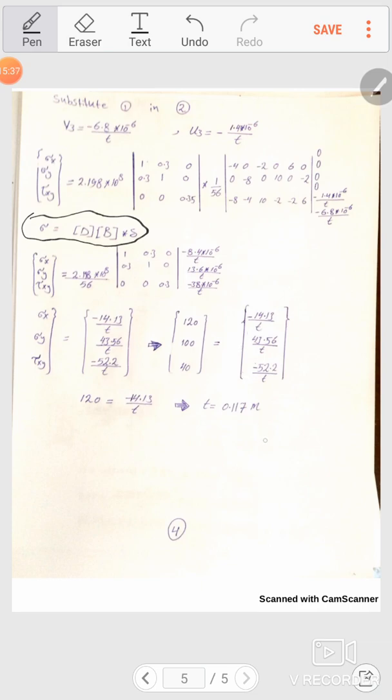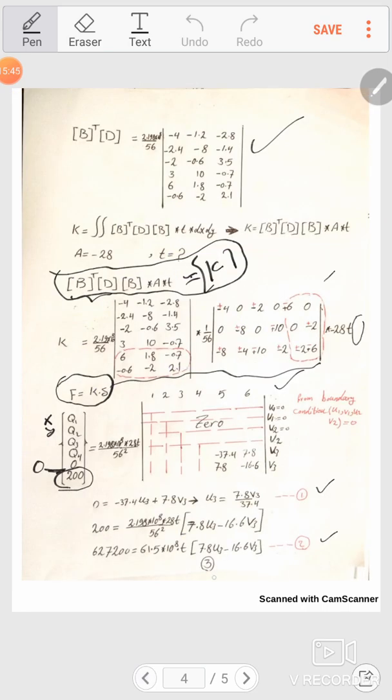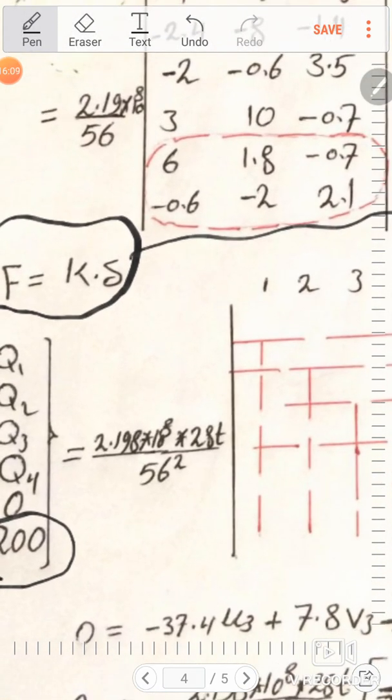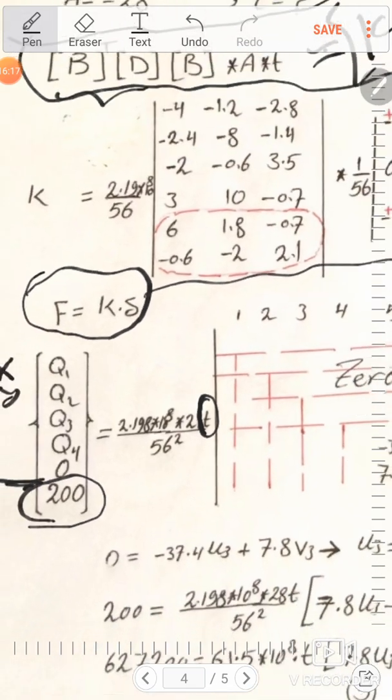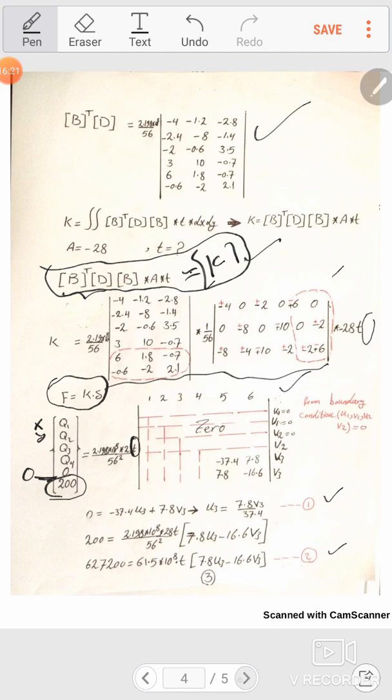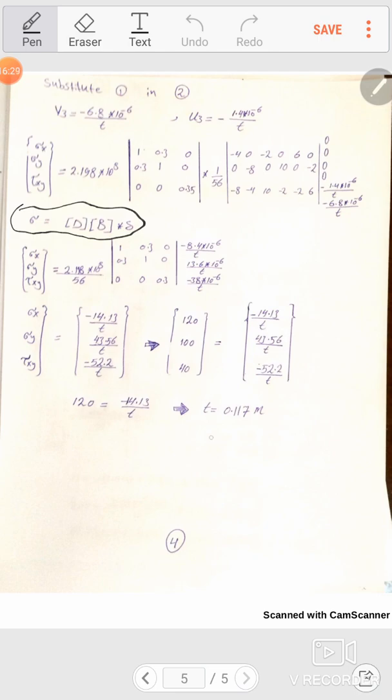You will get the t, because in the K matrix you have this unknown t, the thickness, and from the K matrix you can get t.